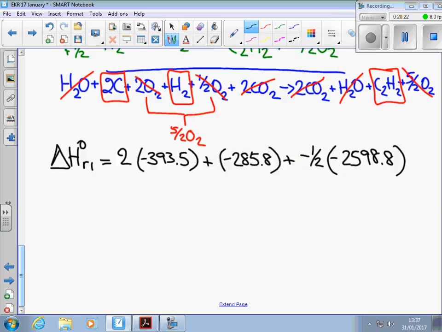All right, so we've done to our energy values exactly what we've done to the equations, and that comes out at, I'm sorry, I forgot what the number was, 226.6 kilojoules per mole.